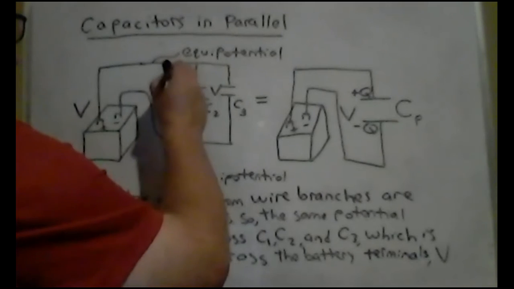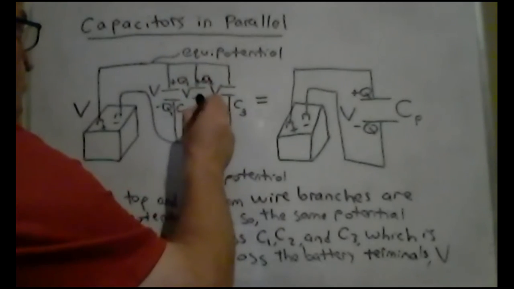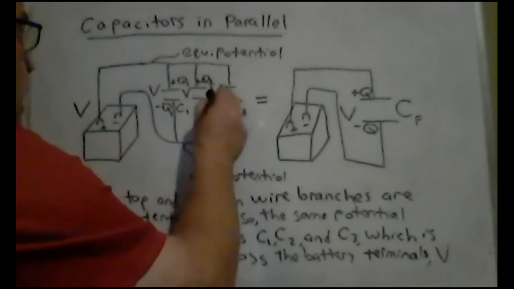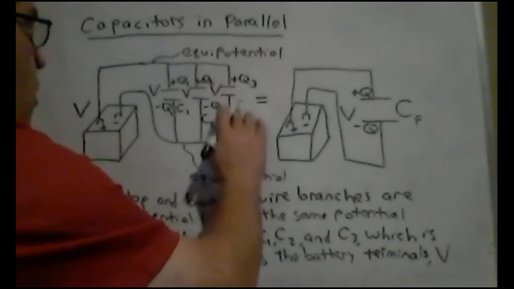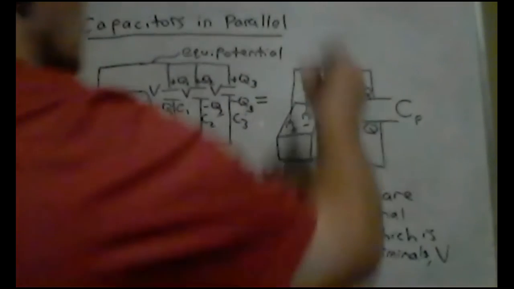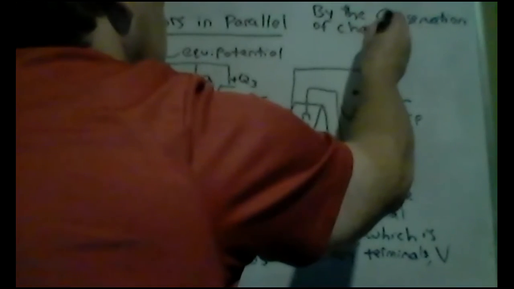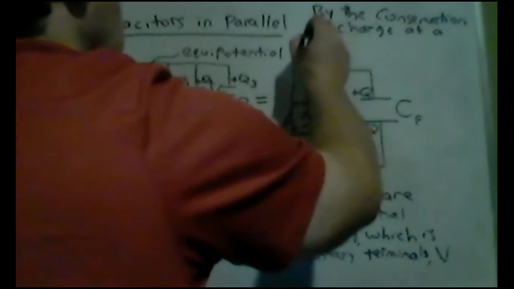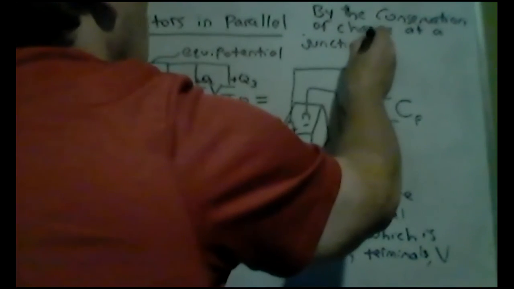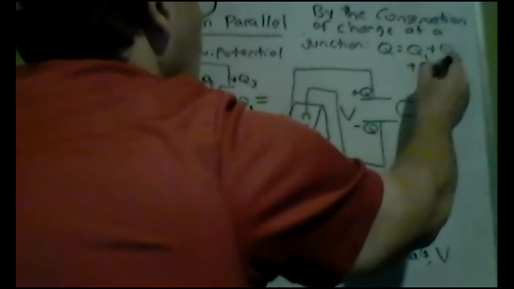So that means that you'll have, let's say, plus Q1 minus Q1, plus Q2 minus Q2, plus Q3 minus Q3, such that by the conservation of charge at a junction, Q must equal Q1 plus Q2 plus Q3.